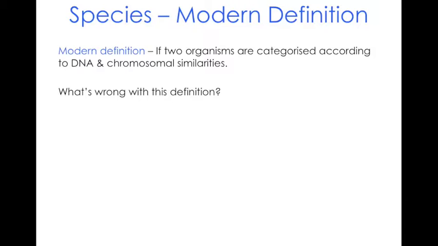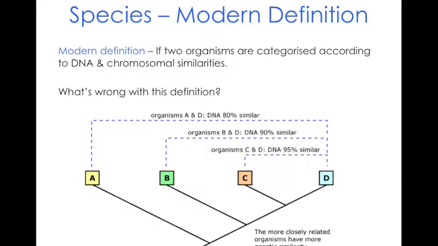Now, the new way and the modern definition is the most recent method in which we identify and classify species. We classify according to DNA and chromosomal similarities. How that works is that we make the assumption that if organisms have a certain percentage of DNA that is similar to one another, they must be the closest related.